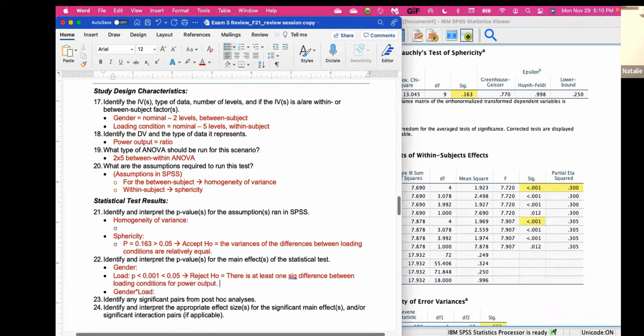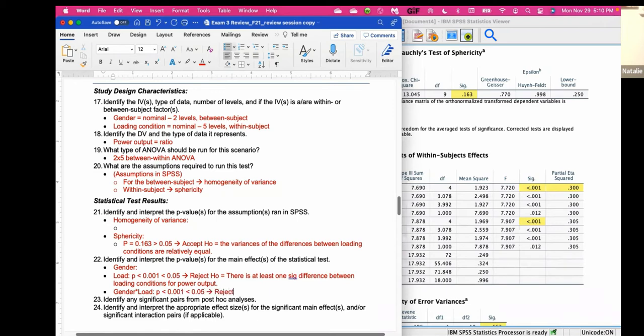There's a lot of ways you could write the main effect. You could say the type of loading condition has a significant effect on power output. That's probably the next easiest one to write. And then our interaction effect had a p-value less than 0.001.